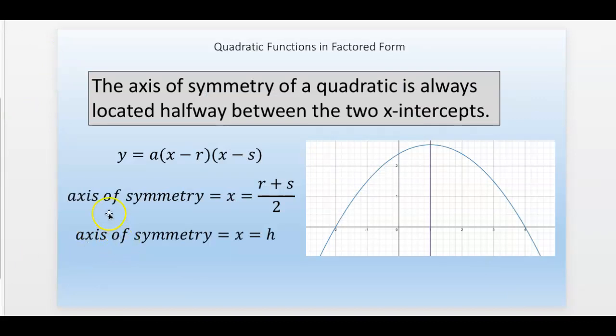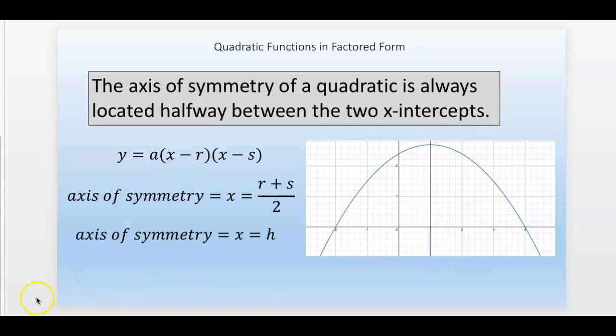All right, guys, a very important concept. The axis of symmetry is always located halfway between the two x-intercepts. So how do you find the axis of symmetry? Just take r plus s and divide it by 2. It's always halfway in between the two x-intercepts, always.